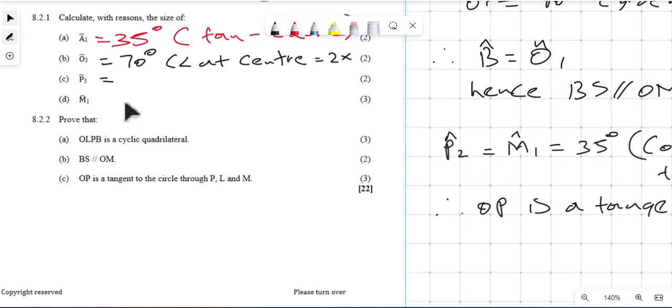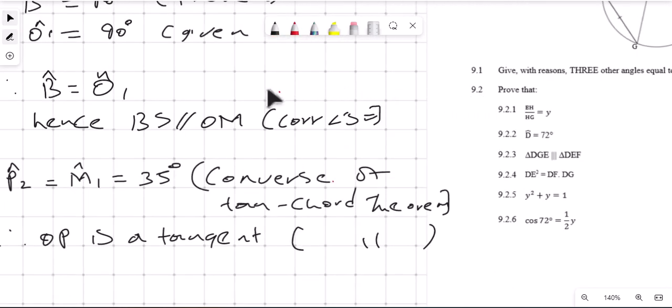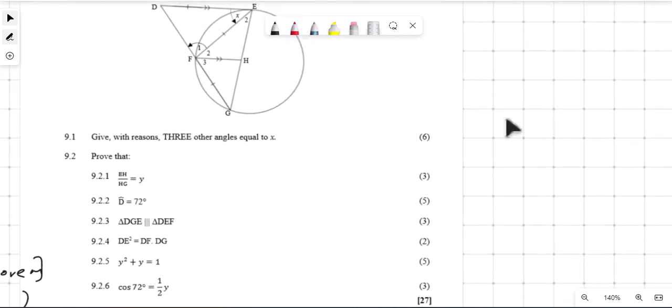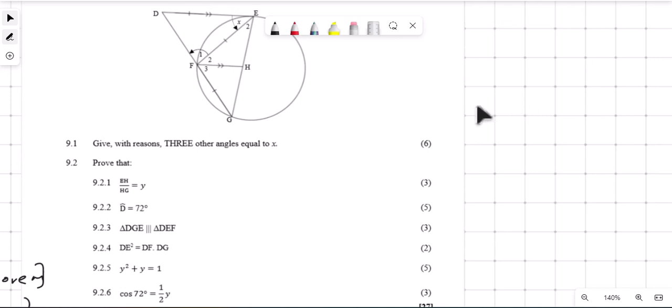Let's go to the next question, which will be our last one, and then more work for you. I'm hoping that on our next lesson we can talk about trig.